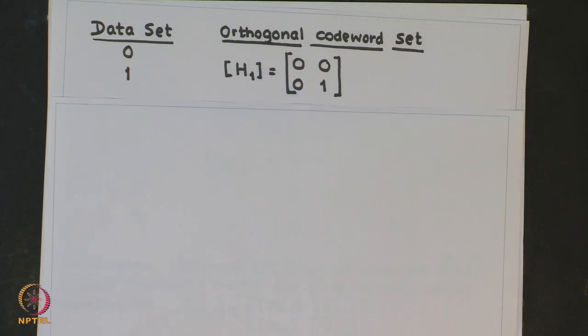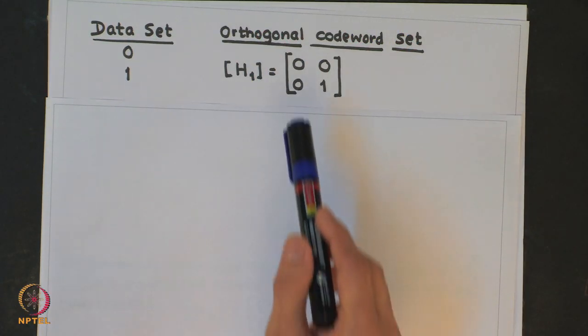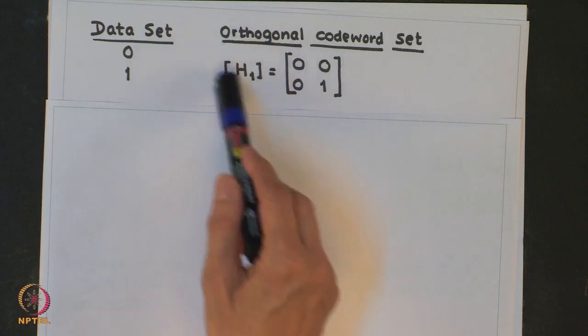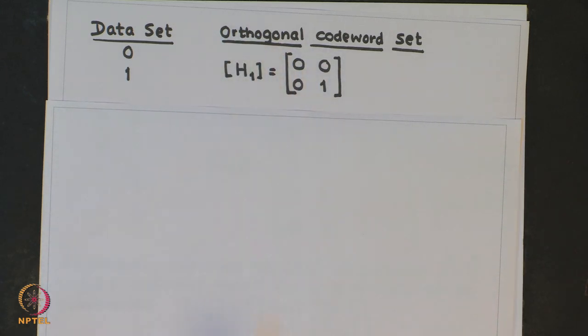Now, as mentioned, orthogonal coding is a popular form of waveform coding. So, using orthogonal coding, a one-bit data set can be transformed using orthogonal code words of 2 digits each described by the rows of this matrix H1.